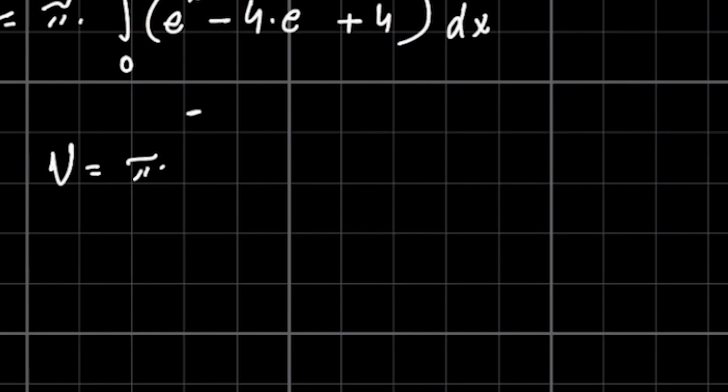I'll just have these parentheses to know my boundaries later on to do the subtraction. I'll have the integration of e to the power of x, and that's basically just e to the power of x, minus 4 times e to the power of x over 2, and that will be 4 over 1/2 times e to the power of x over 2.